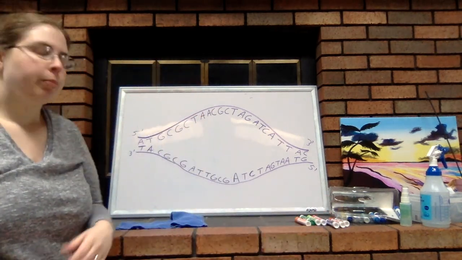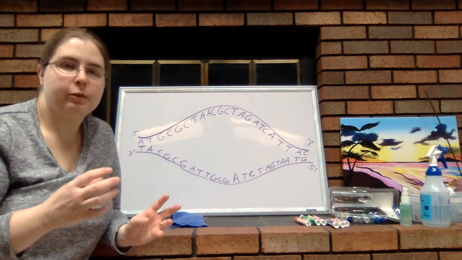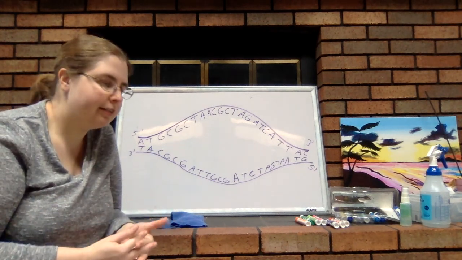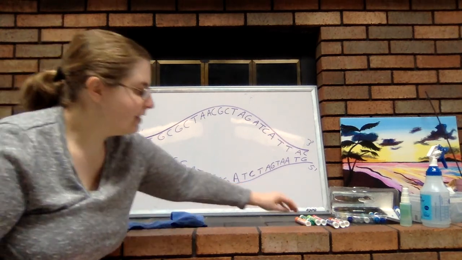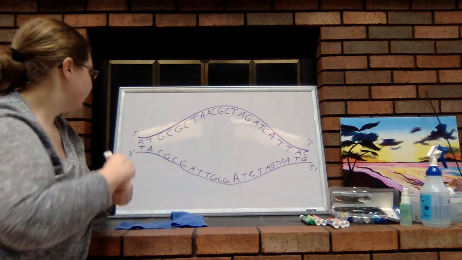First thing first. Now, DNA, it's twisted, it's bonded in the middle with hydrogen bonds. So first thing we need is an enzyme to come in and untwist it.